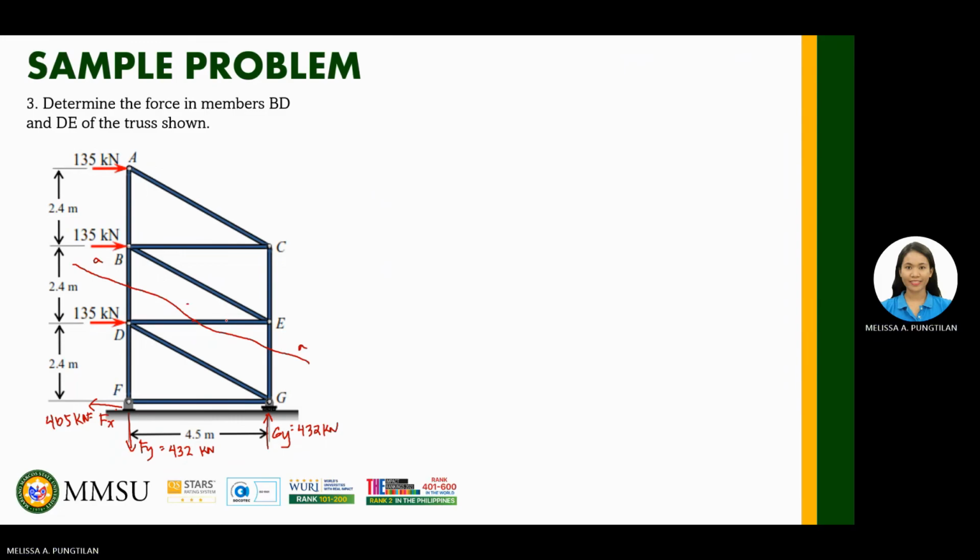Yes. Okay. Sige. So, lower portion. Sige, try natin later on yung lower tsaka upper portion. Tignan natin kung tama ba yung sinasabi natin kanina. Kung kahit anong portion i-consider mo, same pa rin yung magiging sagot. So, unahin muna natin yung lower portion.